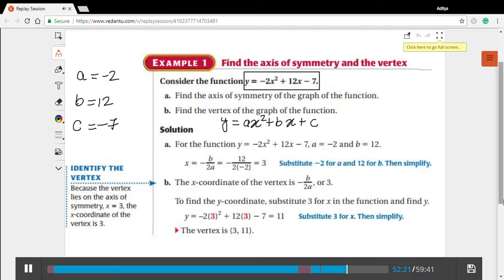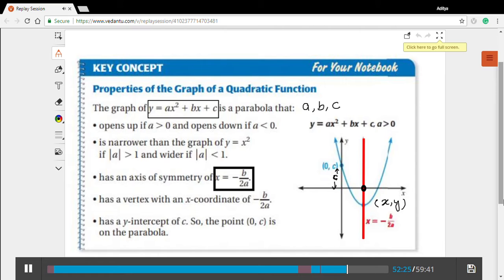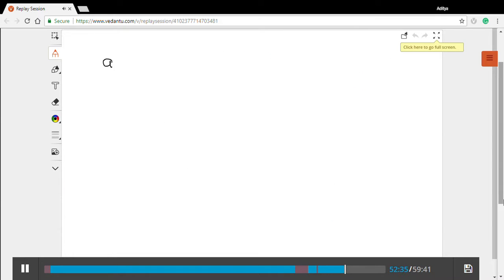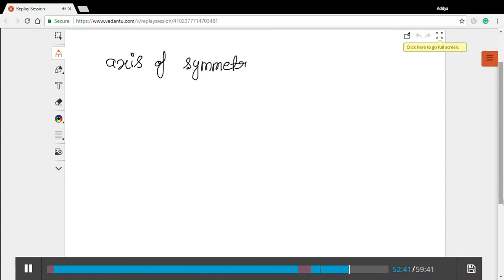Now, if you want to get the axis of symmetry, the formula we discussed is x equals negative b over 2a. I can write it on the next page if you want. The axis of symmetry is basically x equals something, right? So it's negative b over 2a.